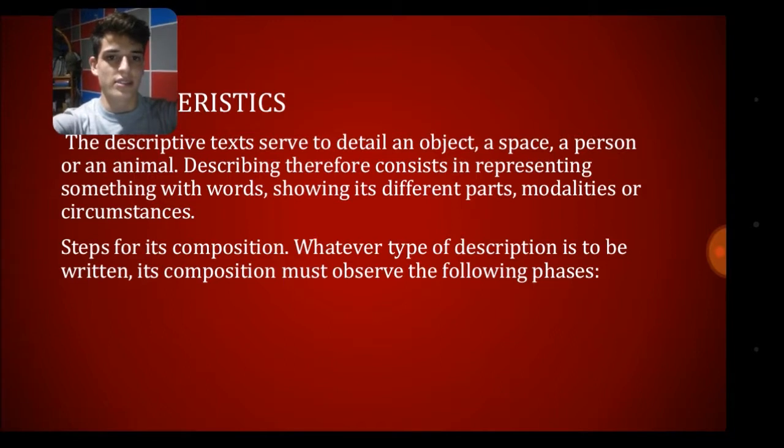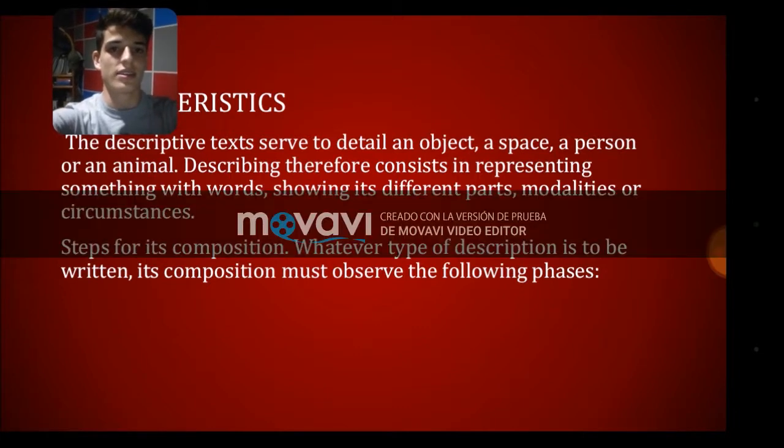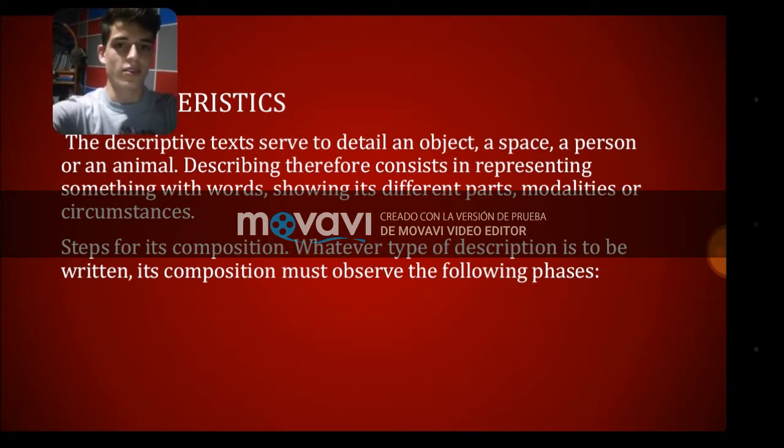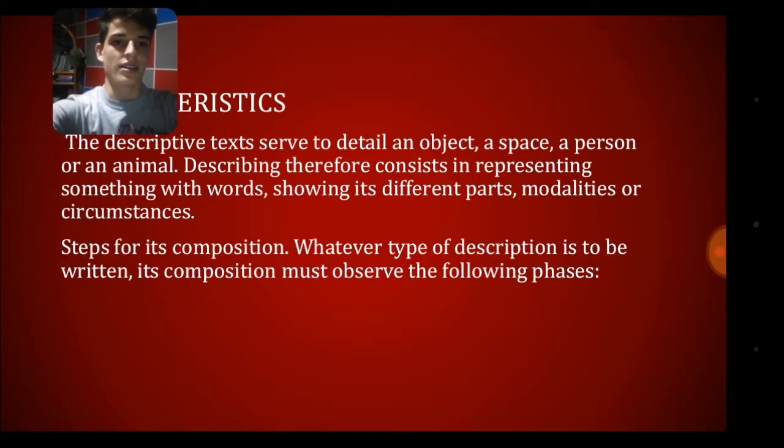The descriptive text serves to detail an object, a space, a person, or an animal. Describing therefore consists in representing something with words, showing its different parts, modalities, or circumstances. Therefore, describing is like painting with words.